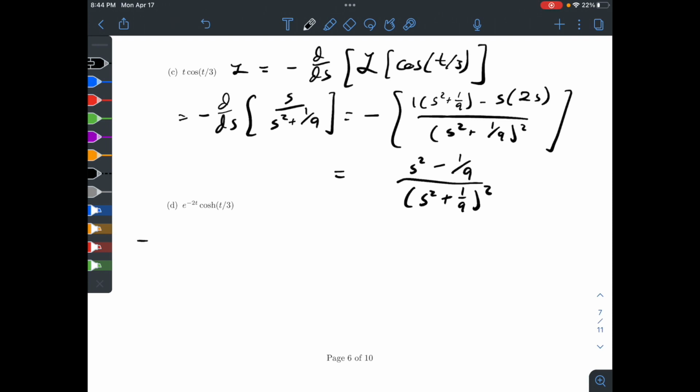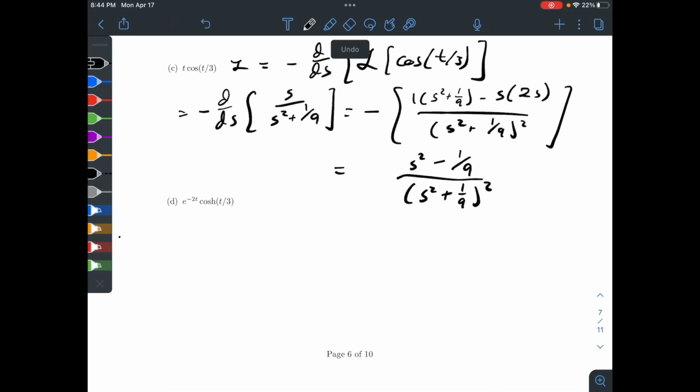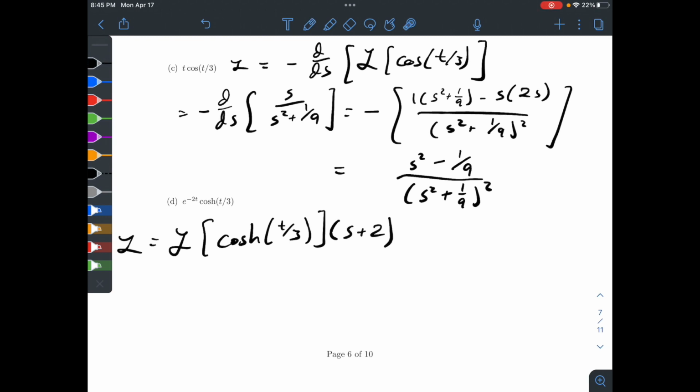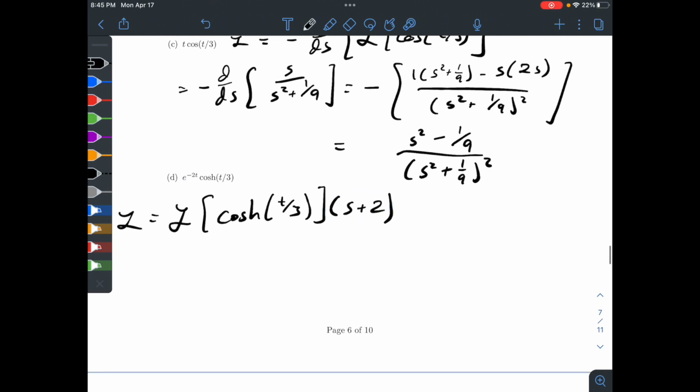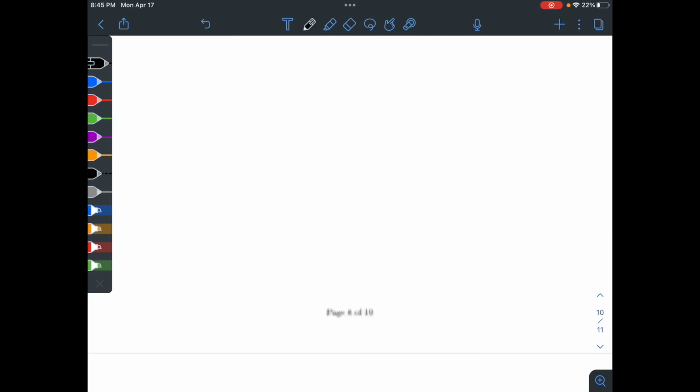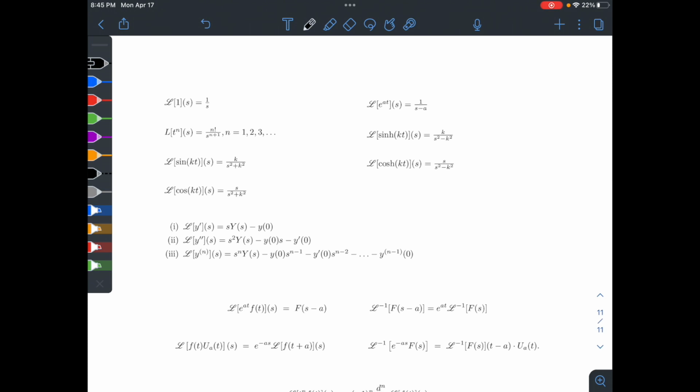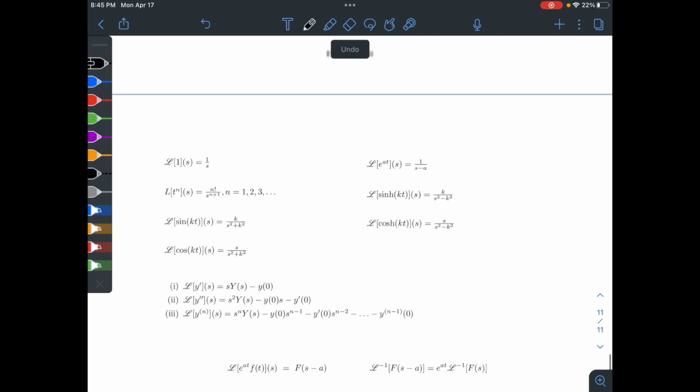And let's just do d as well. So the Laplace transform of this is going to be the Laplace transform of whatever cosh of t over 3 is, but then replace all of your s's with s minus whatever this a value is. So s minus negative 2 is s plus 2. So L of cosh of t over 3 is just like cosine, except it's s over s squared minus k squared.